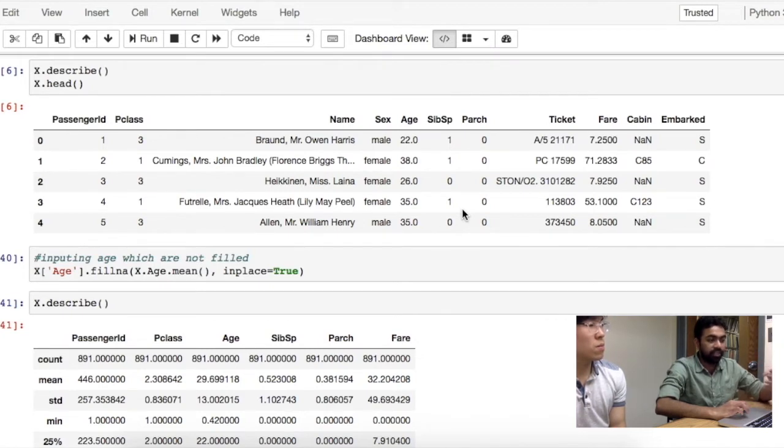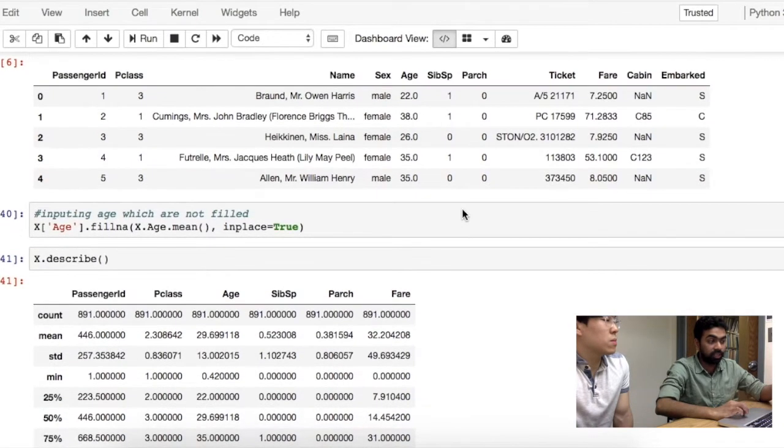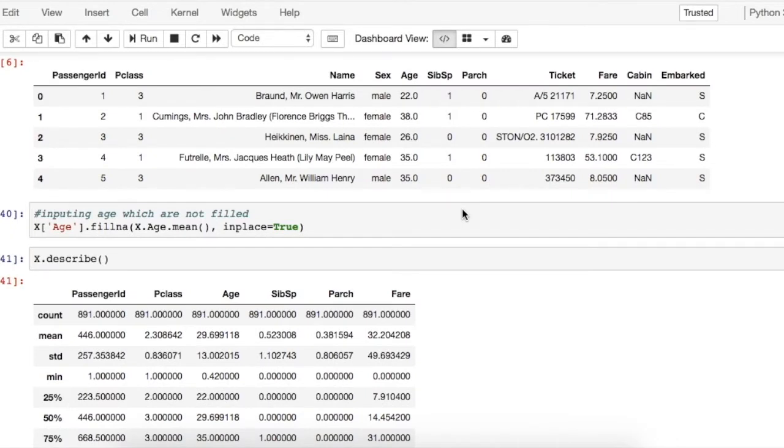Then I split the data into test data and train data, and give the training data to the algorithm to predict results.